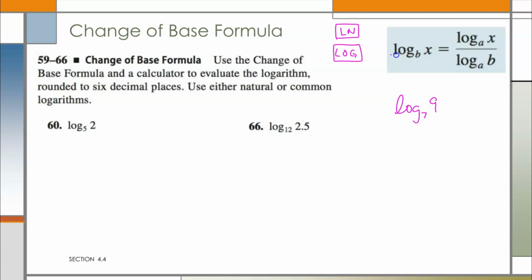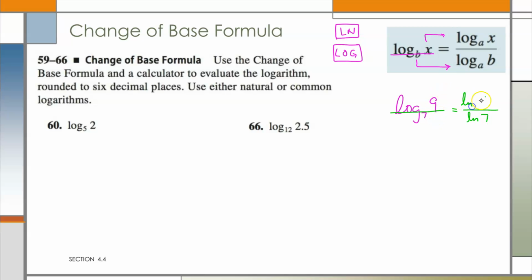You just choose one of them and you'll get the same answer. In this example, notice that the b is subscripted, so I'm going to put that on the bottom. The a is not, so I'm going to put that up on top. To calculate log base 7 of 9, I see 7 in the denominator, so I say ln of 7, and 9 stays up top.